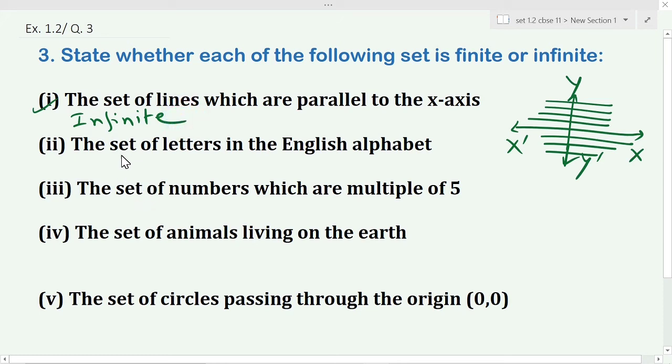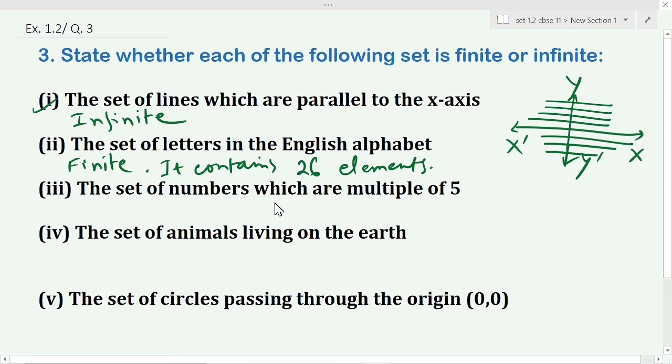Now the set of letters in the English alphabet is finite because it contains 26 elements.